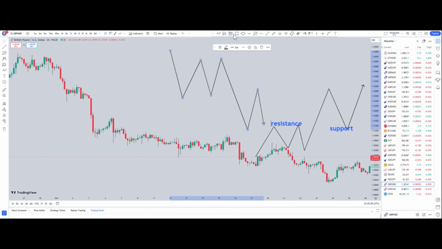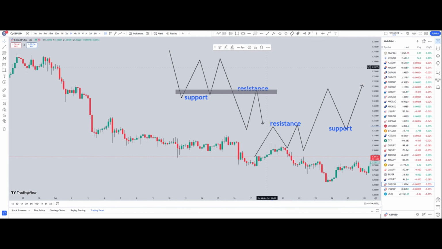So let's label it: this is our support, and this is our resistance. When a support is broken, it changes to a resistance, and when a resistance is broken, it changes to a support. For the basics, we'll keep everything very simple without complicating things for now.